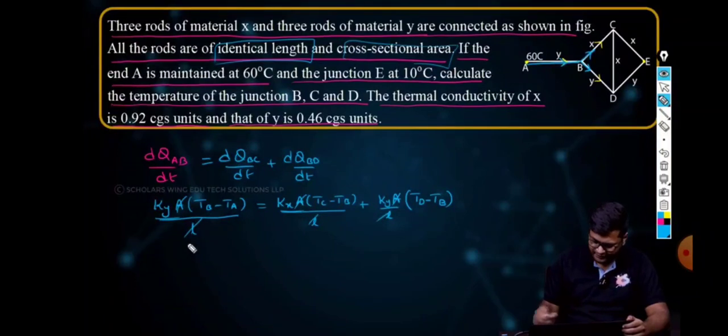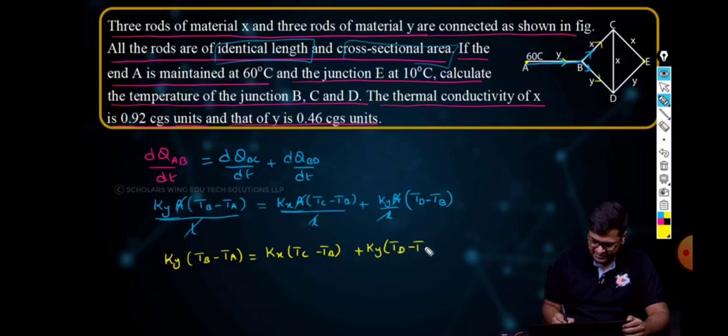So what we are left with is KY times (TB minus TA) equals KX times (TC minus TB) plus KY times (TD minus TB). Let us substitute the values.